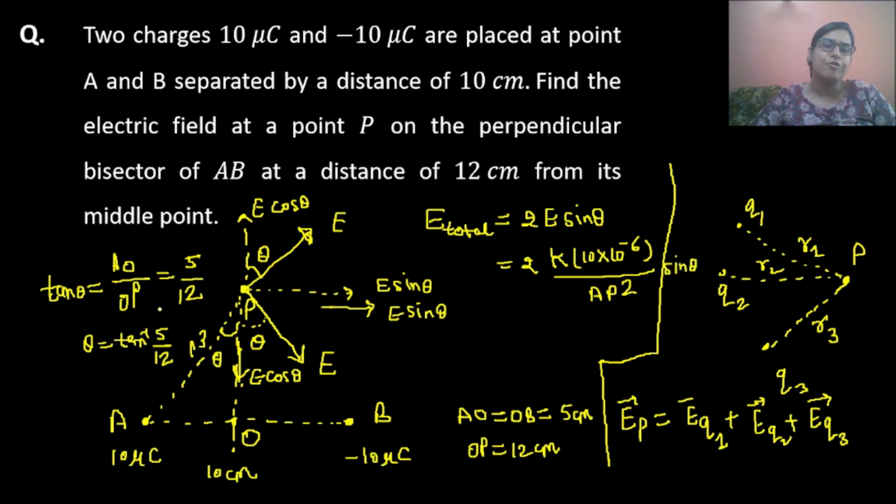We know the value of tan theta, then we can calculate the sin theta also. So sin theta will be 5 by 13. So if we calculate this value, then we will find the total electric field due to these two charges at a point P, which is on the perpendicular bisector of the AB. So this is how we simplify and calculate the electric field.